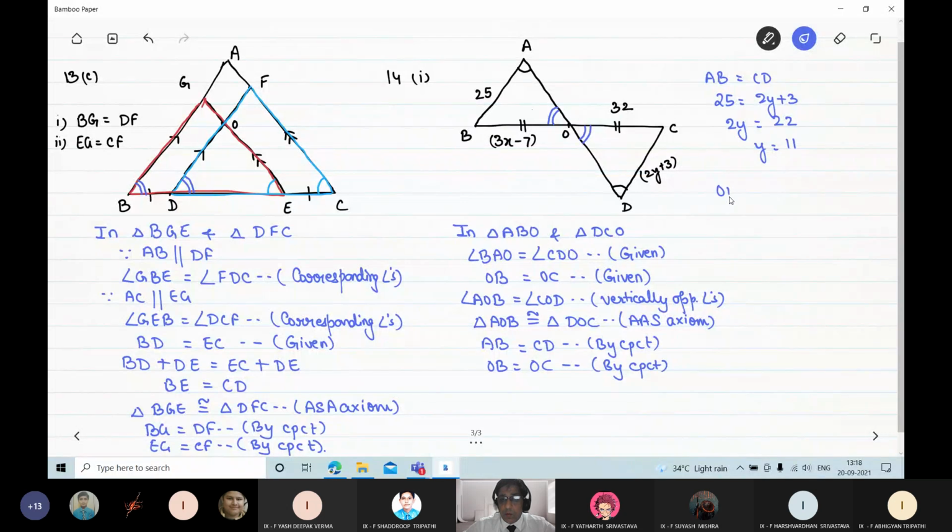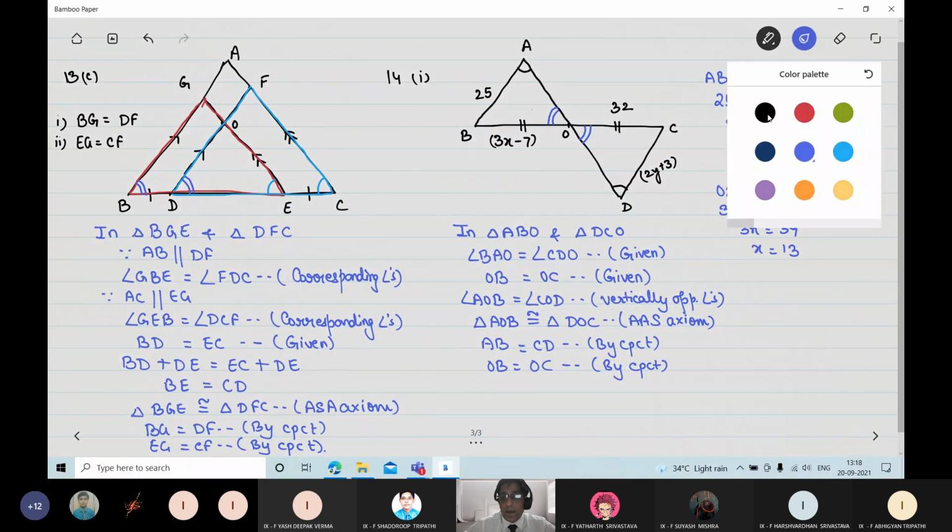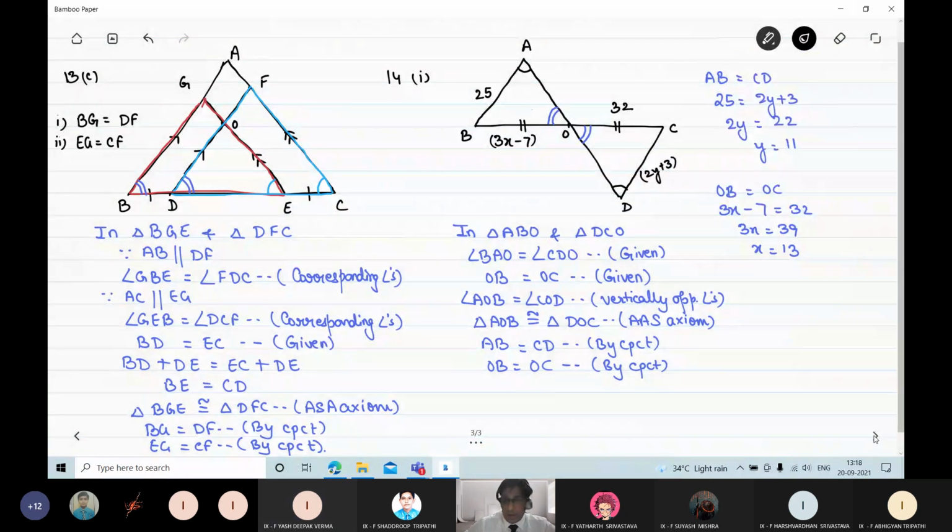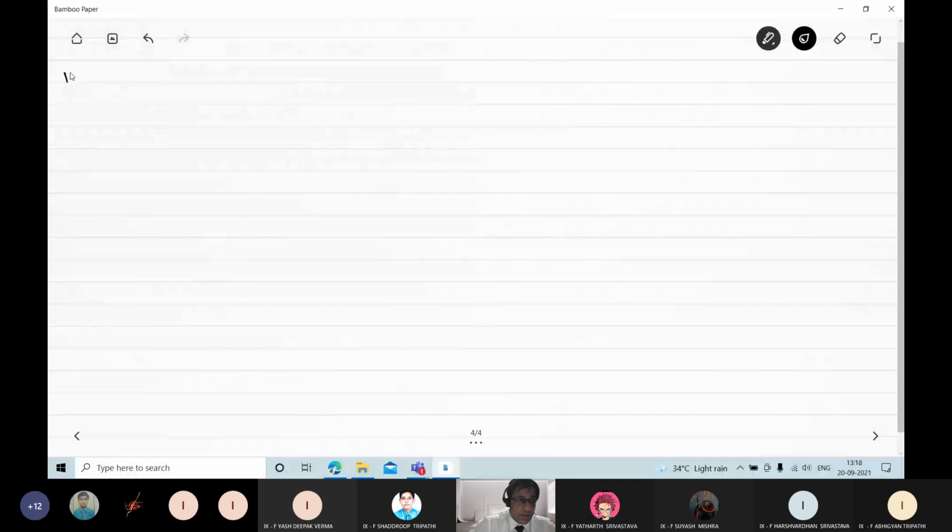And if OB is equal to OC, so 3x minus 7 is equal to 32. 3x is equal to 39, so x will be 13. So we get the values of x and y. I hope this question is clear. We move to our next part, 14th second part.